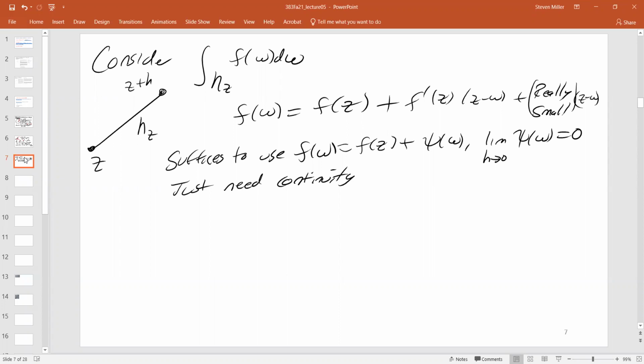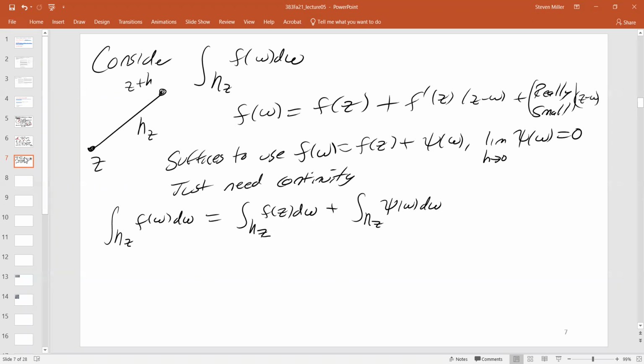So now let's consider the integral. The integral over eta of z of f of w dw is going to just be the integral over eta of z of f of z dw plus the integral over eta of z of c of w dw.